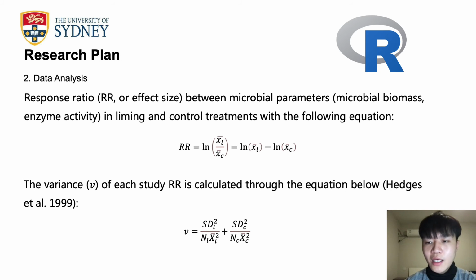After these calculations, if the confidence intervals do not overlap 0, the response of microbial biomass and enzyme activity to liming is significant. And finally, I will further assess to what degree the liming effect depends on liming amount and type, crop type, soil parameters, and environmental conditions.